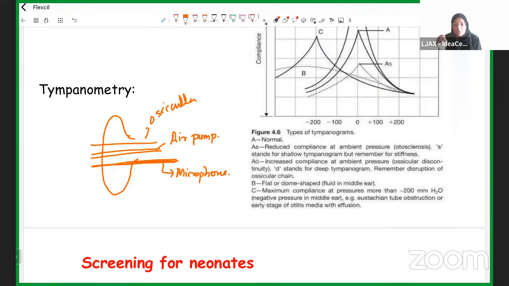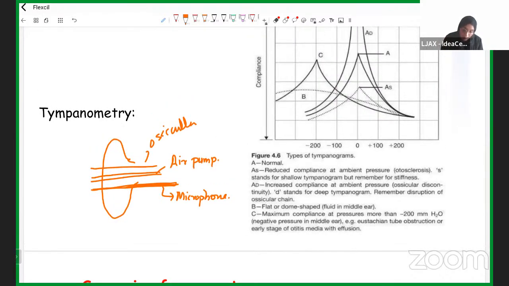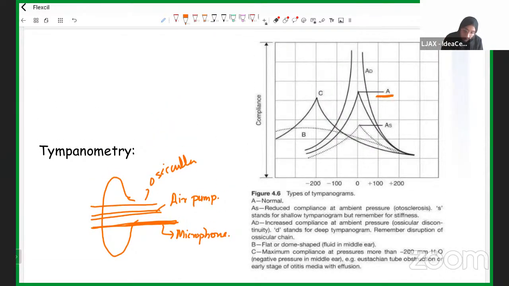The main motive of this test is to see the sound that is reflected by the ear, and the compliance of the ear when pressure changes. So if you put a pressure in the ear by air pump, you will have to see how compliant your ear is.